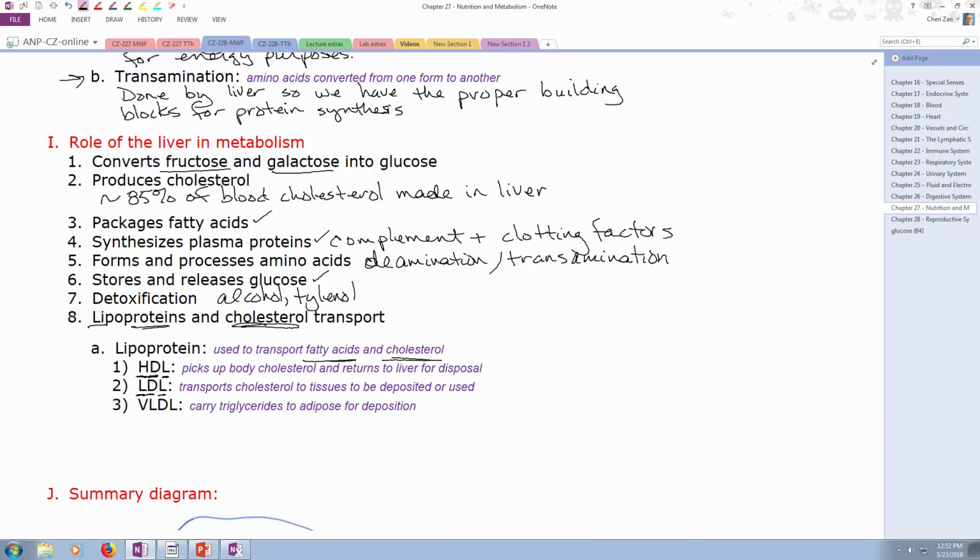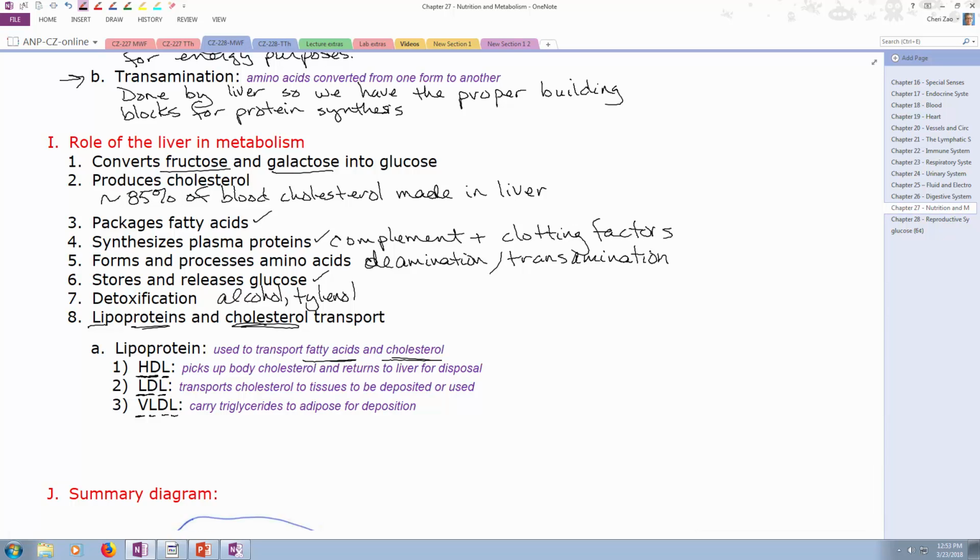Which one of these 2 will float better than the other? LDL, low density, which means I'm lighter and I'm fluffier, lipoprotein. High density lipoprotein is called that, and it has a tendency to sink if you're actually trying to stratify it out of the blood. And then there's VLDL. V stands for very low density lipoprotein, and it's the most floatiest and fluffiest of them.